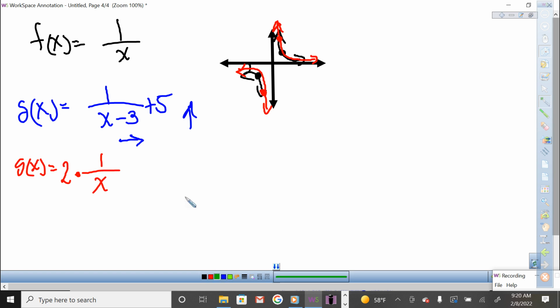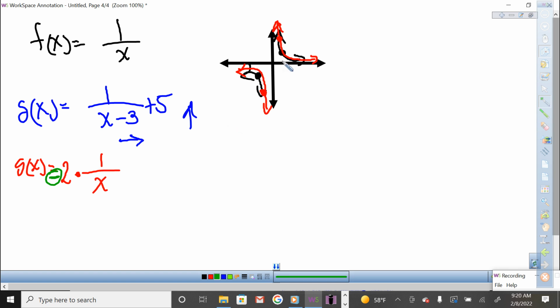Look up. Tell your neighbor what that's going to do now. Good conversations. Jasmine, go. Stretch it, which we already did, and now it's going to flip according to this negative, yes?